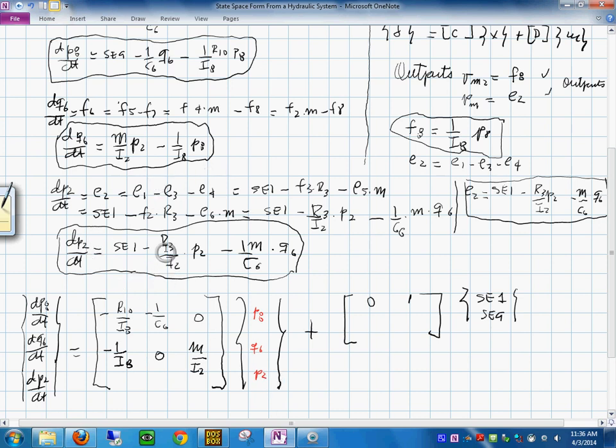The third, what about this in here? This is going to be 0, 0 because no inputs in here. Now the other one, SE1, is 1.